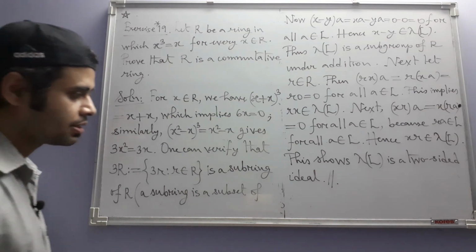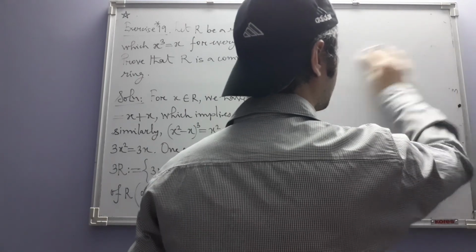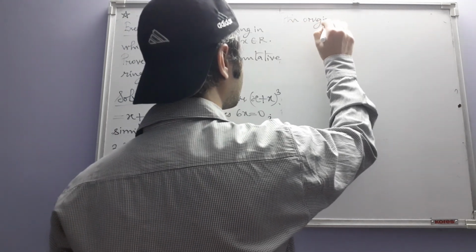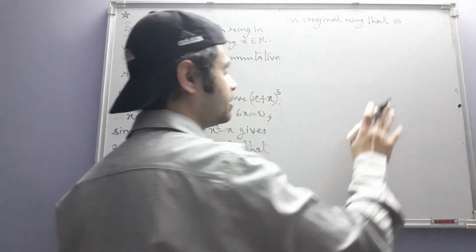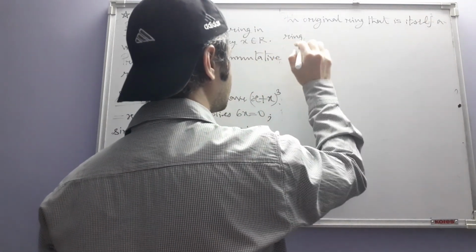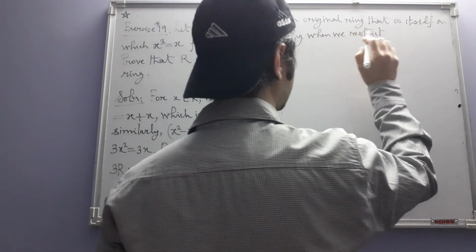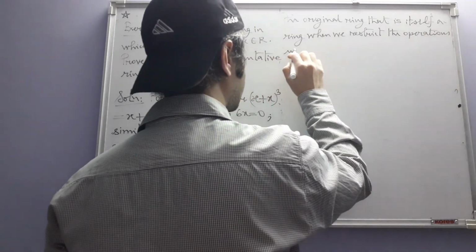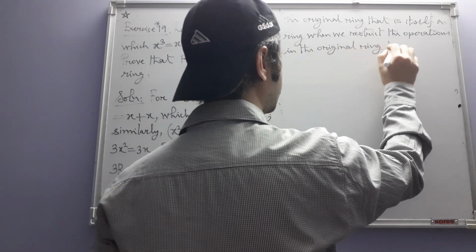So a subring is a subset of the original ring that is itself a ring when we restrict the operations in the original ring to the subset.